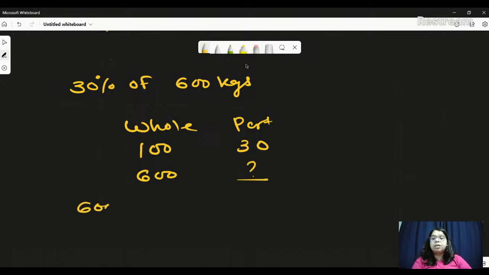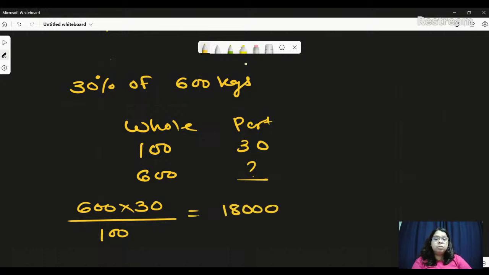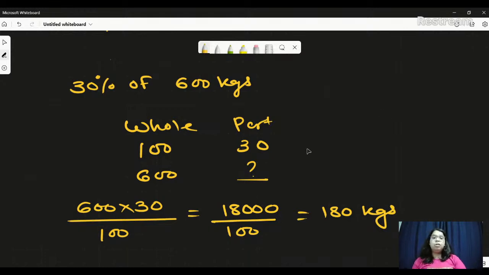So it is 600 multiplied by 30 divided by 100. So that is going to give you 18,000 over 100. That is equal to 180 kgs. Okay, does it sound good?